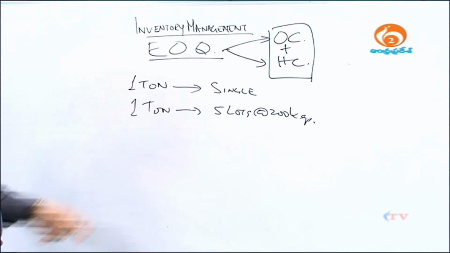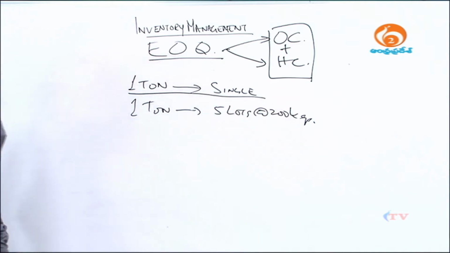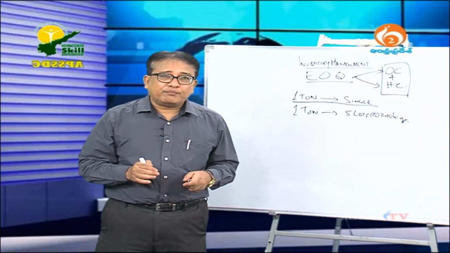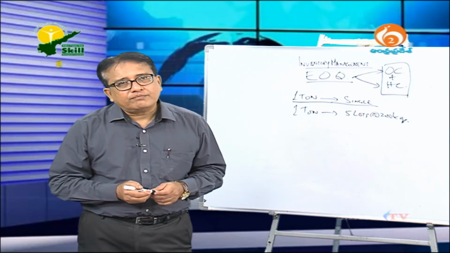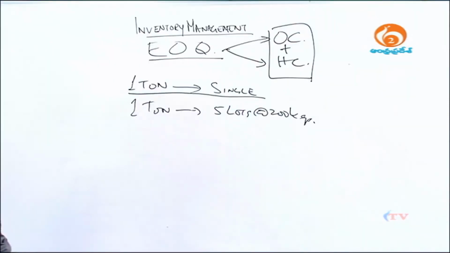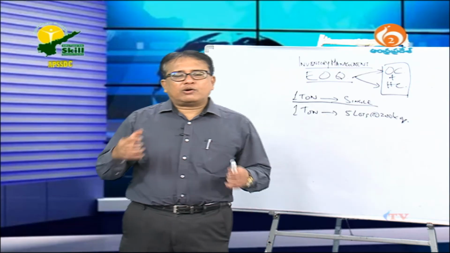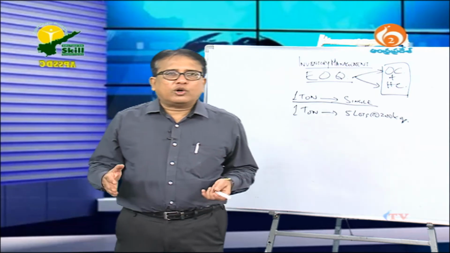But you have to understand, when he orders in bulk, if he orders 1 ton of material, then his holding cost is going to go up, because all the material may not be required at that point of time. If you remember, we discussed that in procurement sometimes companies order in bulk, in large quantities, to avail what is called a quantity discount.